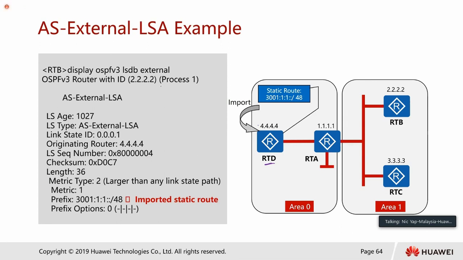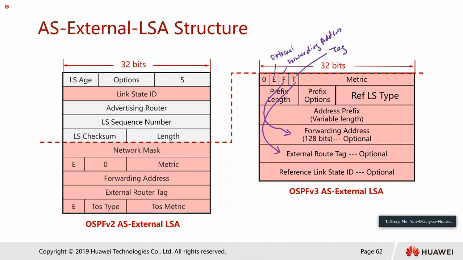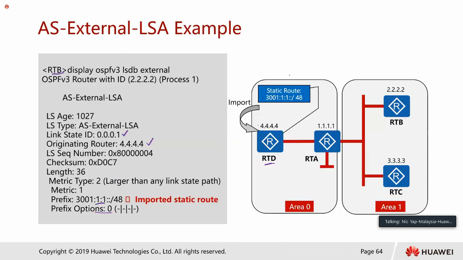So routers A, B, C all receive this. They receive it as a link state ID, originated by router 4.4.4.4, and this is the prefix they're receiving. The option, they're not using any option. And the metric type is using type 2.